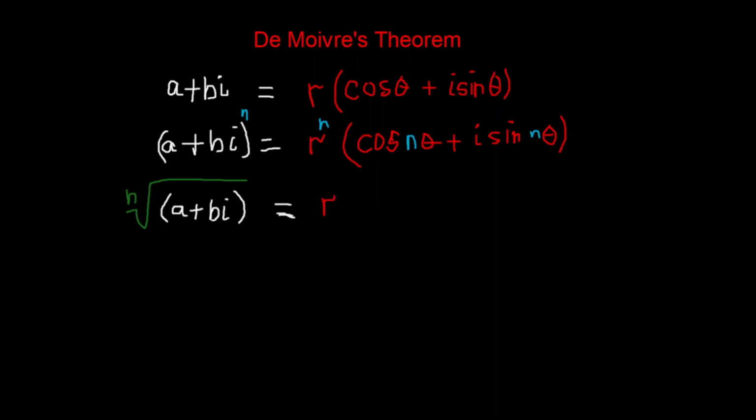So we also raise r to the nth root times cosine of, I'll put a parentheses here to make sure we don't get confused, theta plus 2 pi k over n.